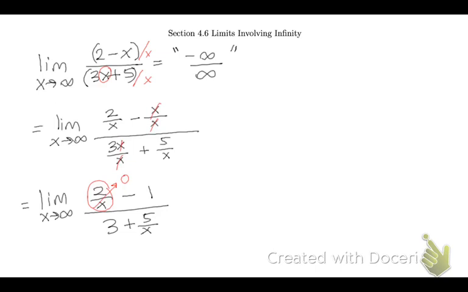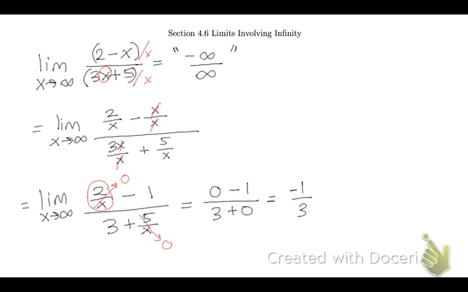And again, this 5 over x, it's approaching 0 because x is getting huge, infinite. It's wiping that fraction out. All right. So if this is approaching 0 up top, I end up with 0 minus 1. On the bottom, I end up with 3 plus 0, and I get negative 1/3.